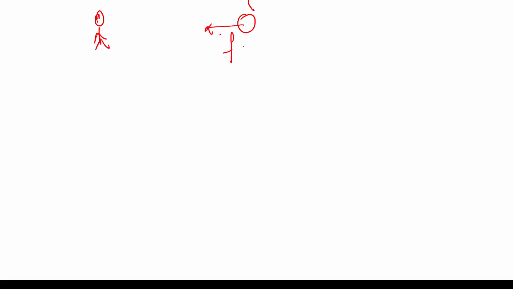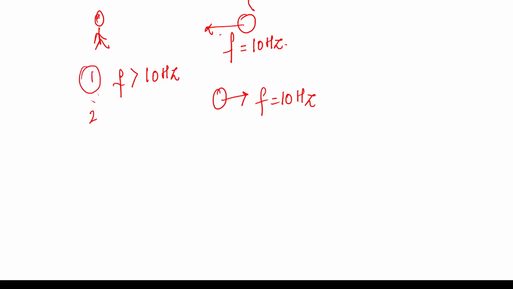If it is emitting a frequency of 10 hertz, I will end up hearing a frequency greater than 10 hertz. I will not hear 10 hertz. If the source starts moving away from me, 10 hertz still, case 1, case 2, I'll end up hearing a frequency which is less than 10 hertz. That is Doppler's effect: an apparent change in the frequency because of the relative motion.